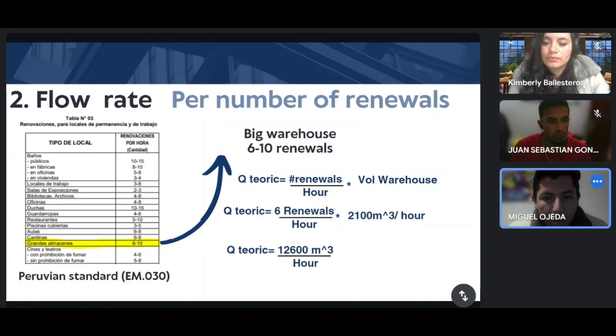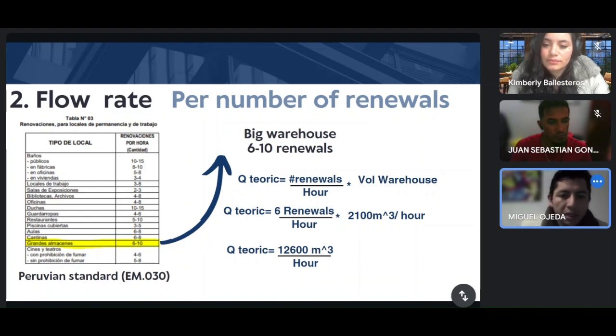The activity is developing in a cold climate zone. We consider it as the reference. The type of location is a big warehouse with the number of renewals at six renewals per hour.